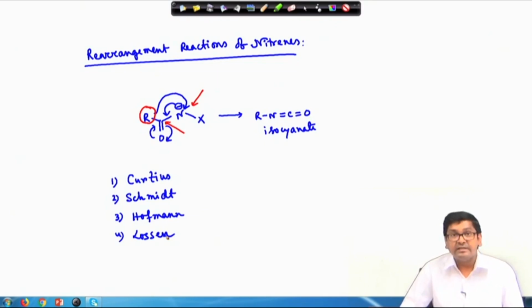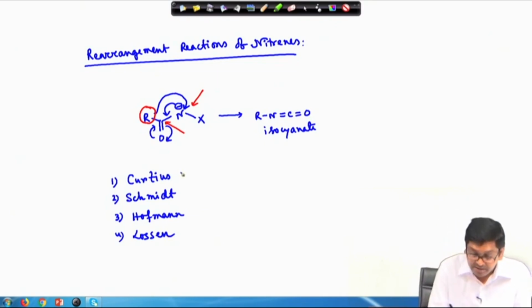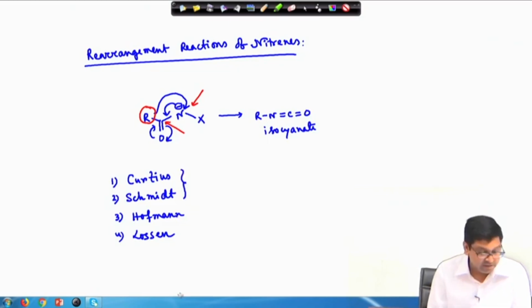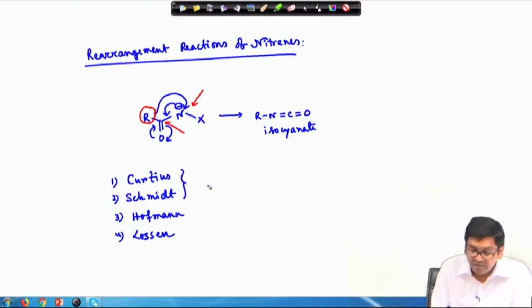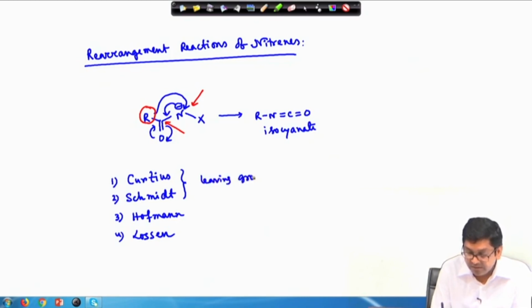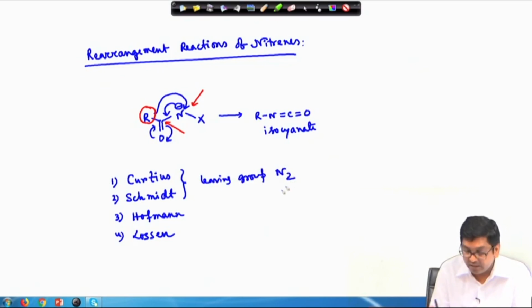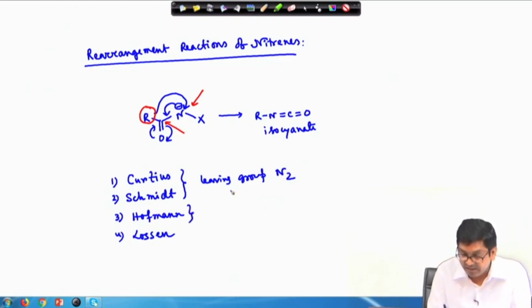In these 4 types of reactions, for the first 2 cases the leaving group is nitrogen, that means here X equals nitrogen.